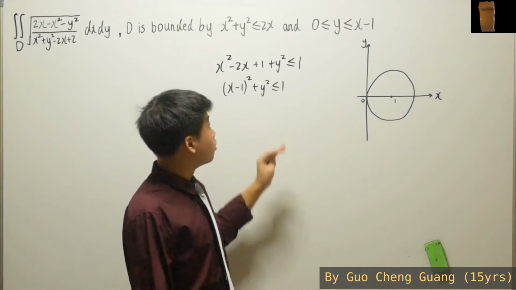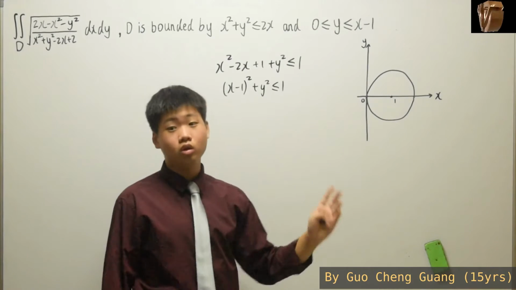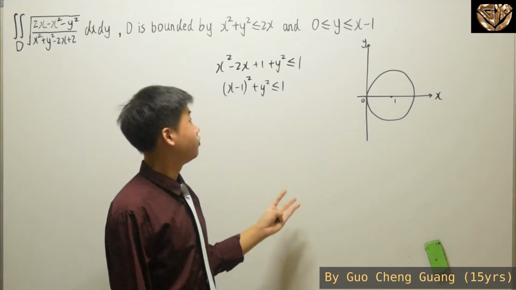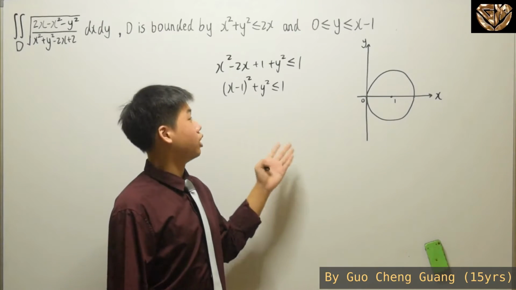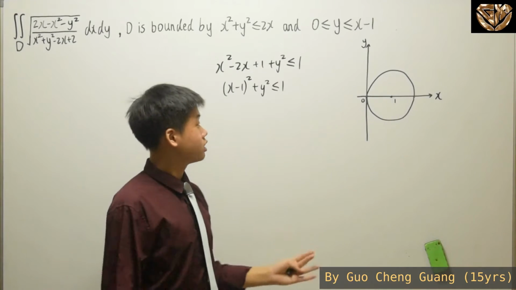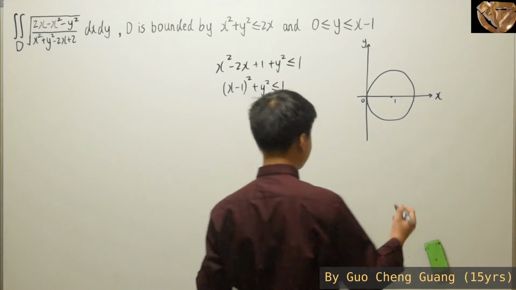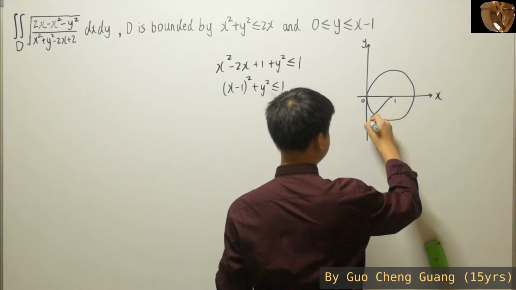Not only is y greater or equal to 0, y is also smaller or equal to x minus 1, so you can draw the graph for y equals x minus 1. So what is that graph for y equals x minus 1?